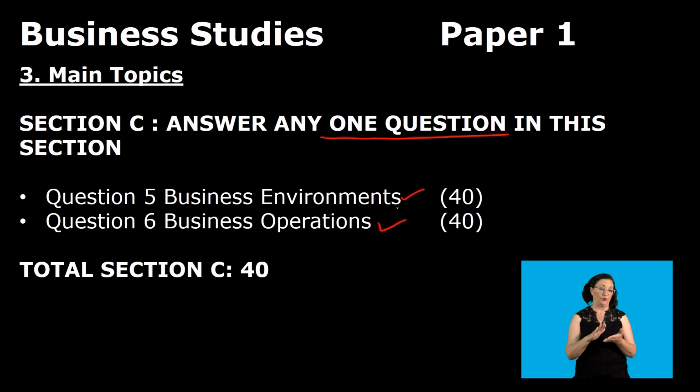So you'll have question 5, and then there's going to be an essay on business environment. Then there's going to be an essay on business operations. So you have to choose only 1 from these 2 essay questions. Remember, you only answer any one. Should you answer both, then the marker will mark the first one. So save yourself some time, because there's a lot that needs to be done in this exam.